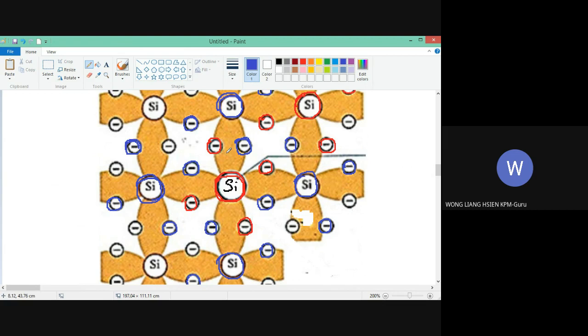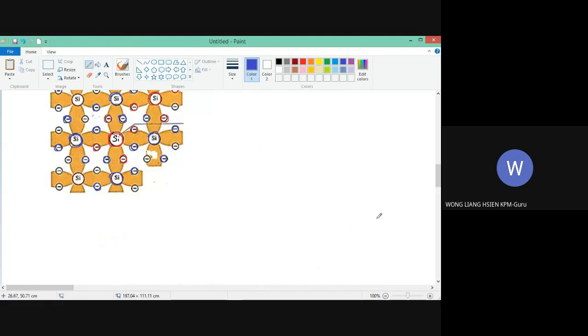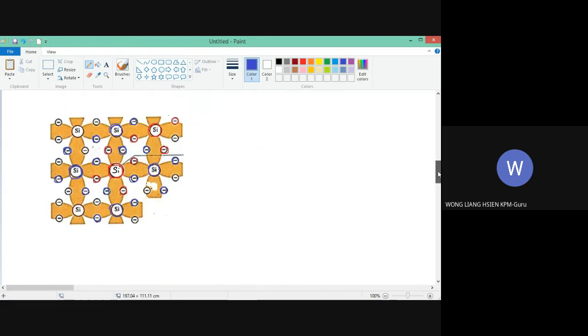If they share with each other, then every single silicon atom will have 8 valence electrons. Then they will become stable. And because they are very stable, you can say that every single electron has an owner.